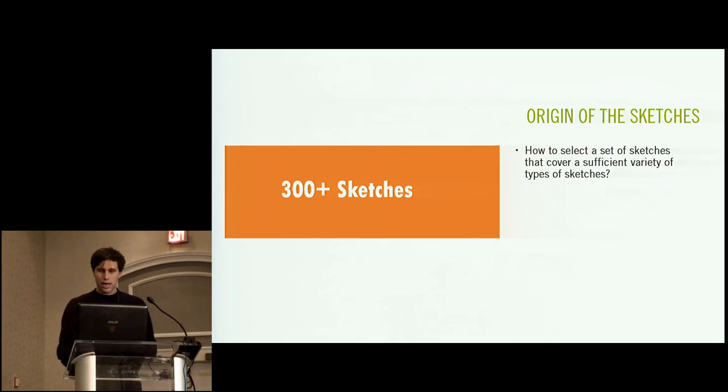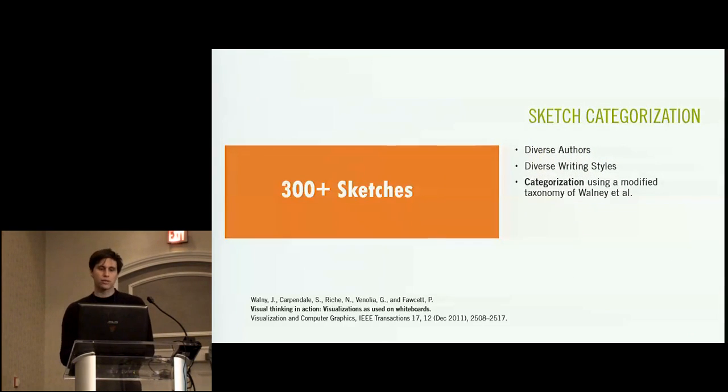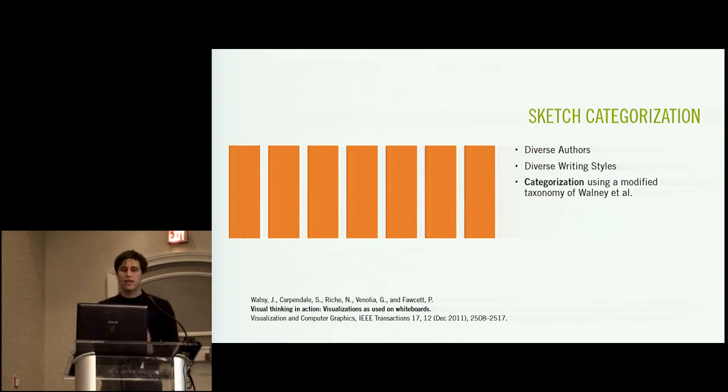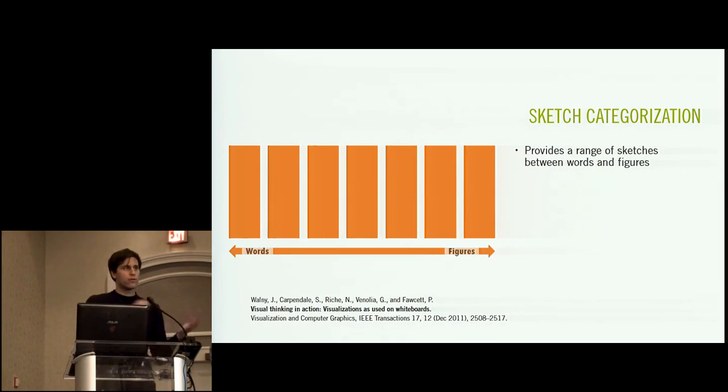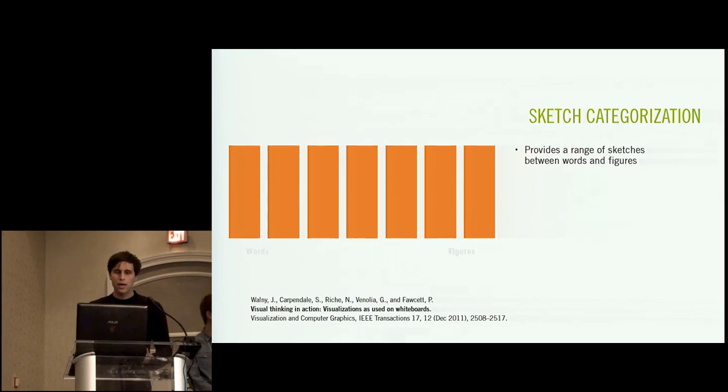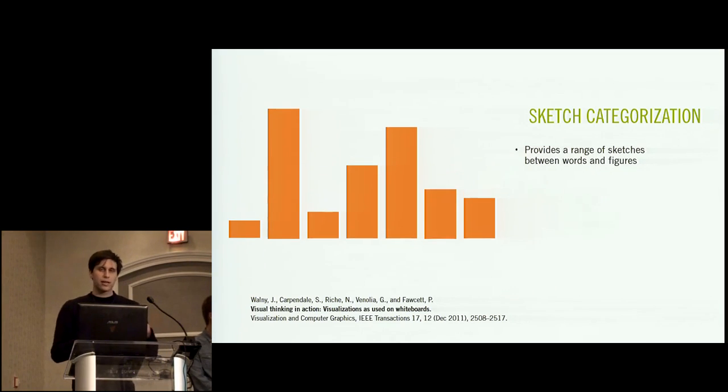method. We found one by Volny et al., who did some analysis on that topic, and we came up with a slightly modified taxonomy, which gives us 7 categories of sketches, ranging from more written words to very figural sketches. We analyzed our sketches and saw that the amounts are quite different.